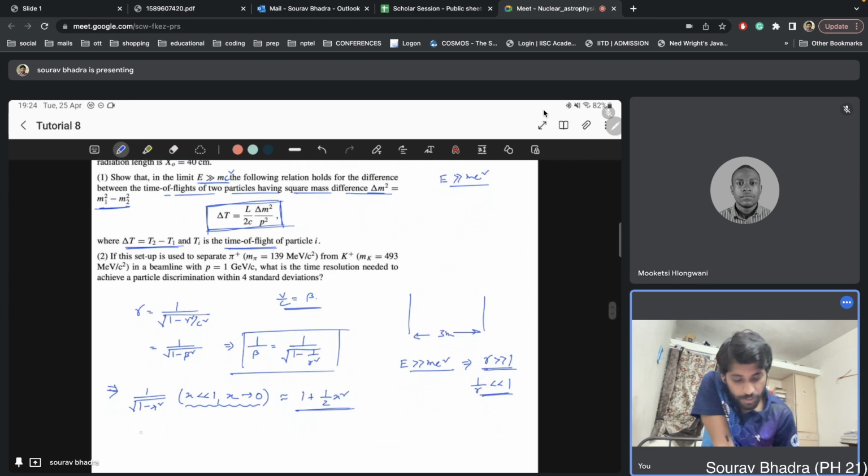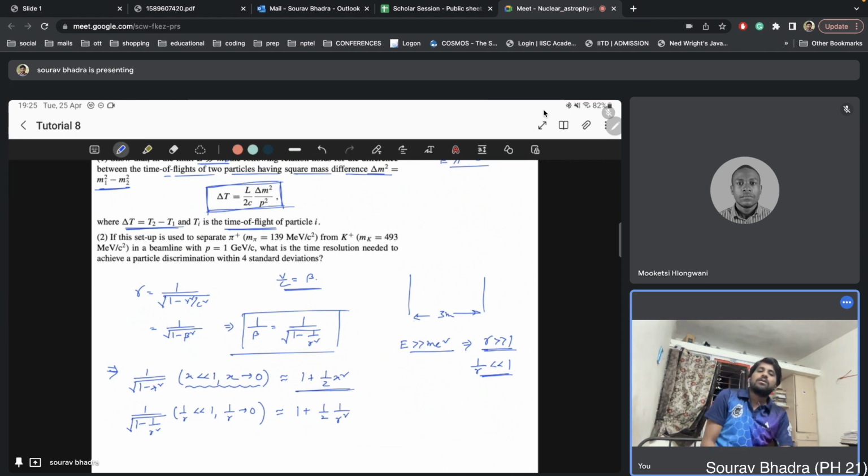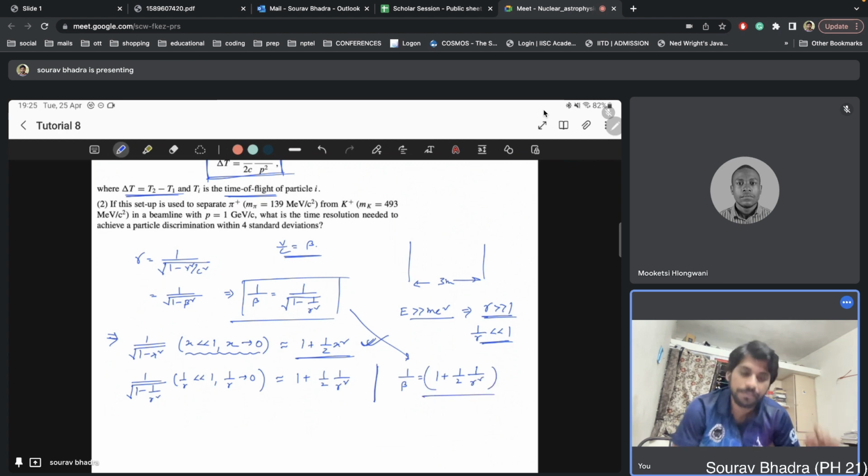You can approximate this expression as 1 minus half x square. You can always do this approximation under the consideration that x is much less than 1. Similarly, we have the expression for 1 by beta in this problem, where the 1 by gamma term is much less than 1, that means 1 by gamma tends to 0. So we can approximate it in the same way. Under the consideration that E is much greater than mc square, we can write 1 by beta as 1 plus half by gamma square.